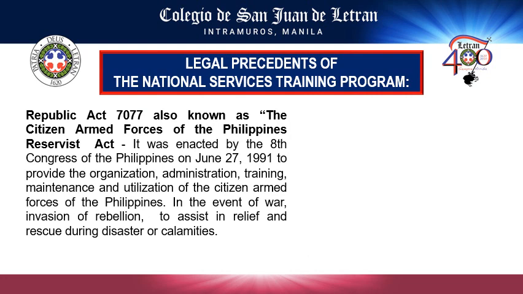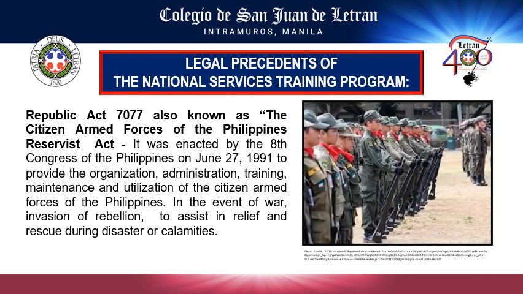Republic Act 7077, otherwise known as the Citizen Armed Forces of the Philippines Reservist Act, was enacted by the 8th Congress of the Philippines on the 27th day of June 1991. The Reservist Act provided for organization, training, and utilization of reservists referred to in the Act as citizen soldiers.